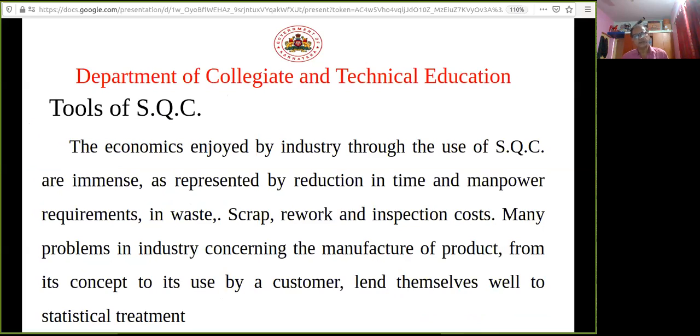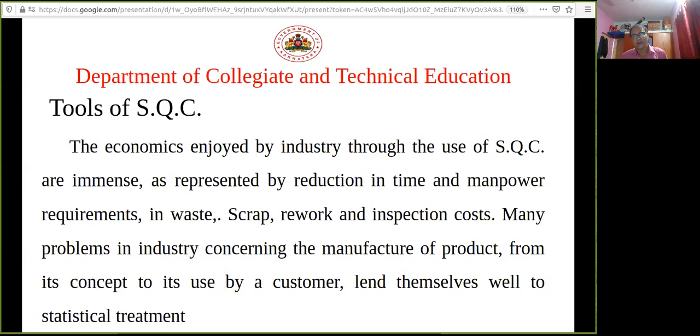So the next point is the tools of SQC. The economies enjoyed by the industries through the use of statistical quality control are immense. As you know, when the industry uses statistical quality control, naturally there is a reduction in the time, reduction in the manpower requirements, reduction in the waste, meaning the scrap, there is no question of rework, and the inspection cost will be less.